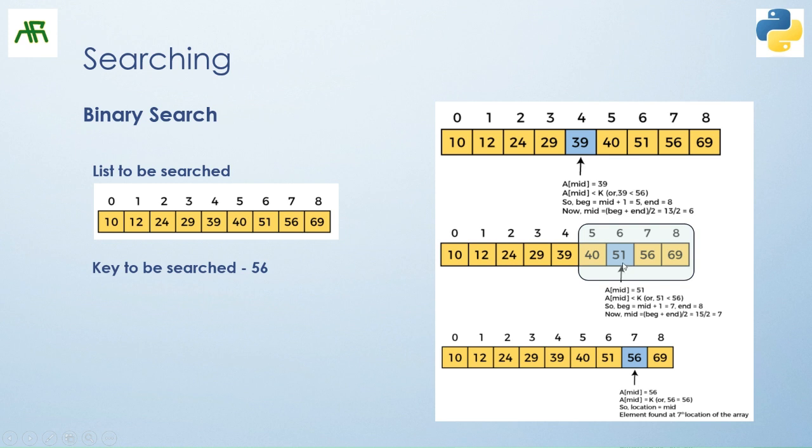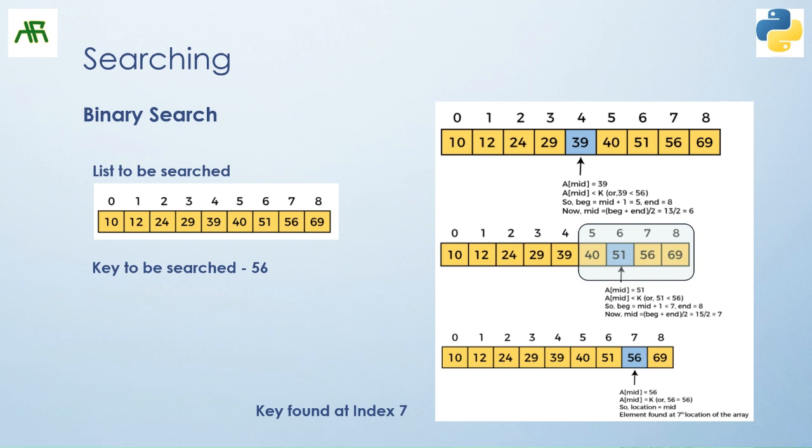Still it's not that, so it moves on to the next half, 56 and 69, and it identifies 56 at index position 7, the physical position 8. So the key 56 is found at index 7, which is at physical position 8.